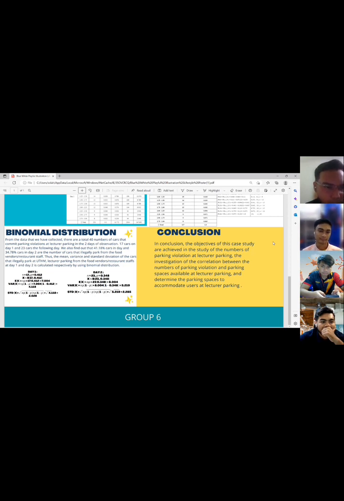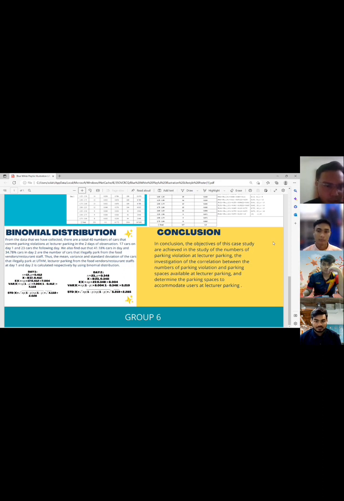So the equation is the binomial in brackets 70 and 0.412. We use the formula n multiply with p. We multiply 70 with 0.412. We get 7.004. So for the variance, we use the formula np in brackets 1 minus probability of success.